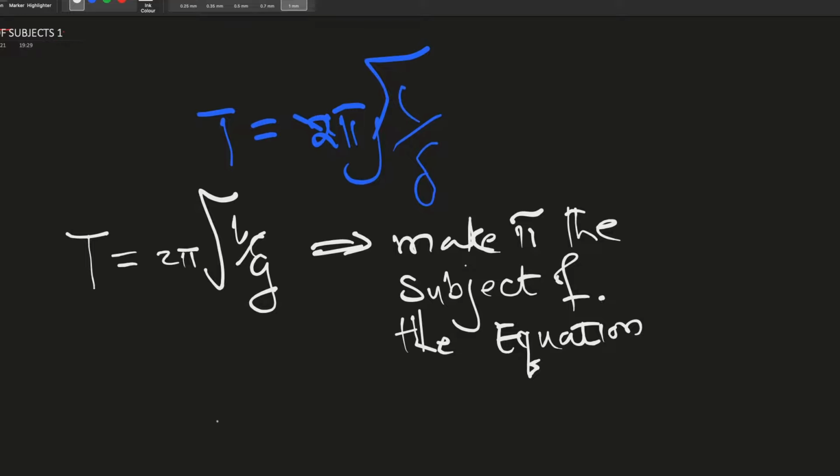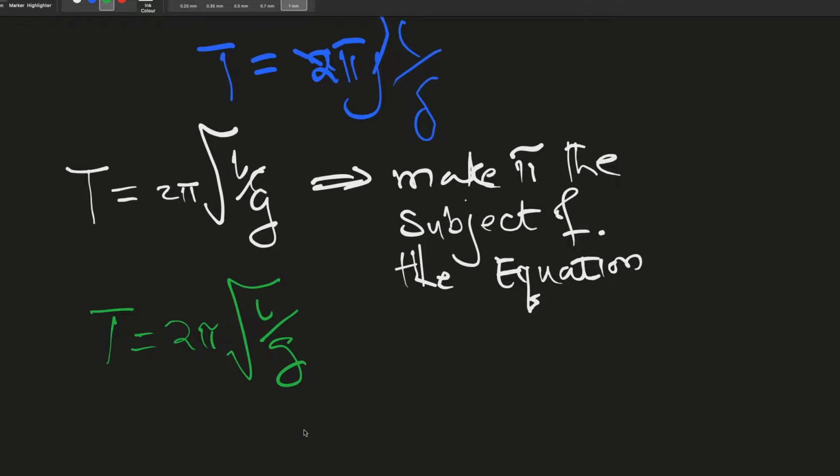So our equation has been given as T equals 2 pi square root of L over G. So we should make pi the subject. So what do we do? It's easy to make pi the subject.